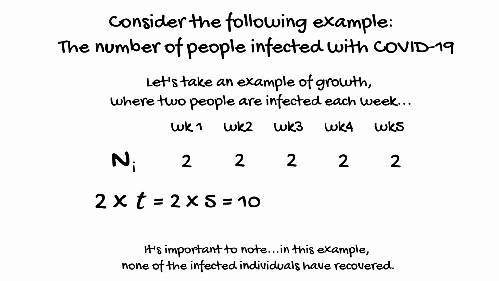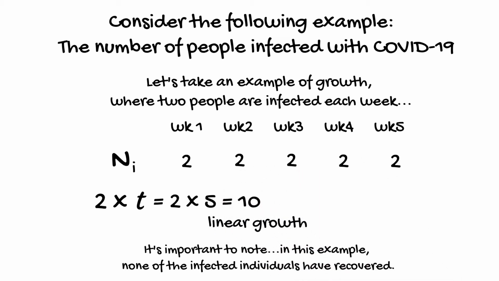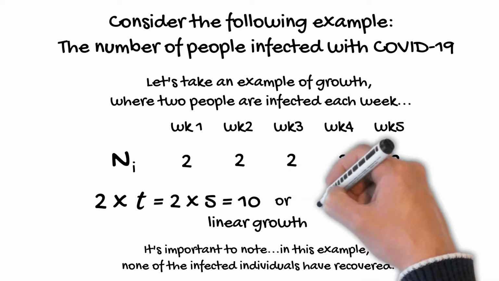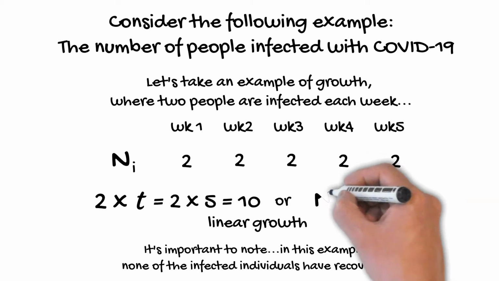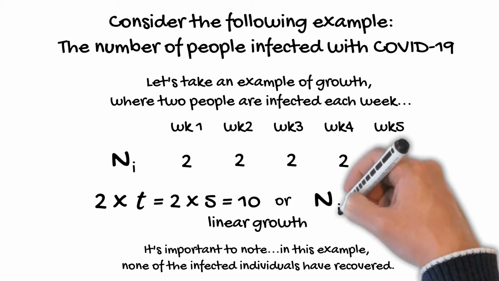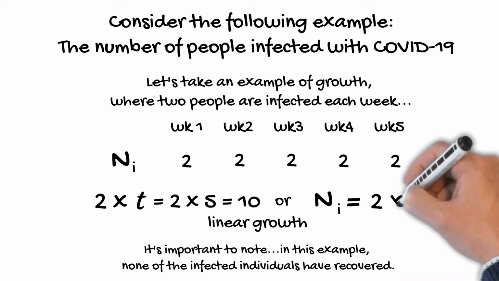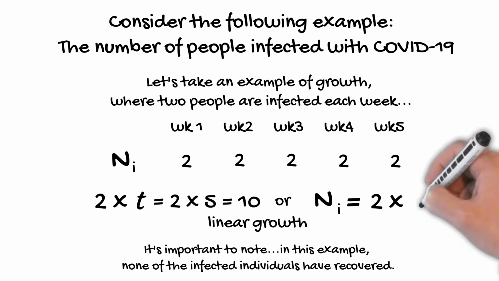Very simple rate, same amount each week. Sometimes called linear growth, it's the same each week. We could write it as an equation that Ni equals 2 times T, which would be simply an equation for the variable N. As I said, I'll just put a little I on it.